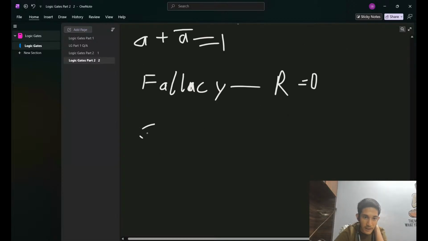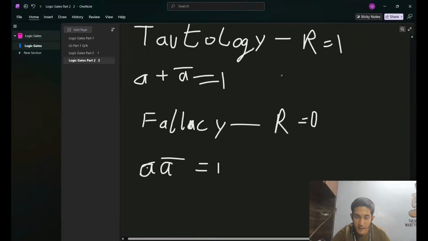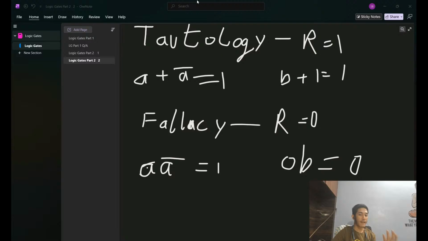So an example would be A times not A, which is equal to 0. Another example would be B plus 1. This is always just 1. And another one, B times 0. That always equals 0. That's another example of a fallacy.